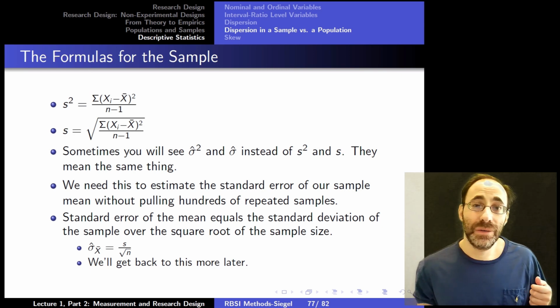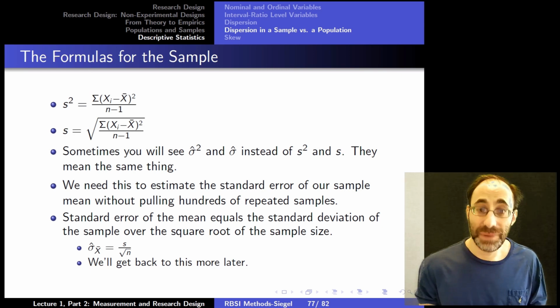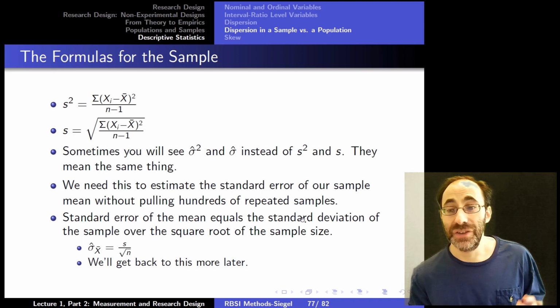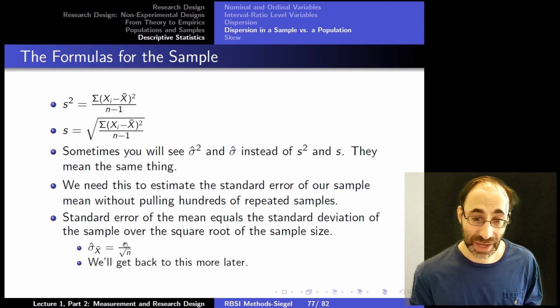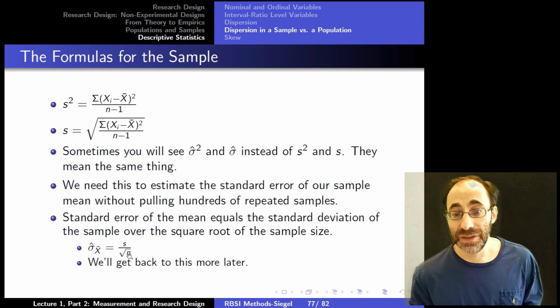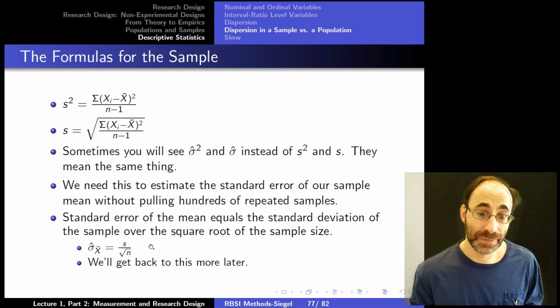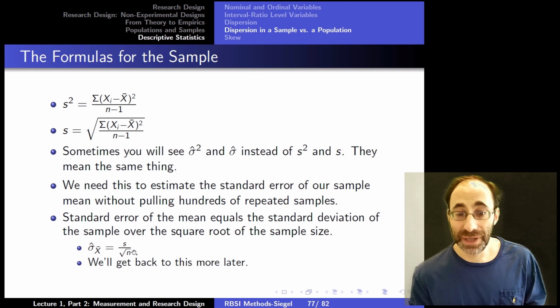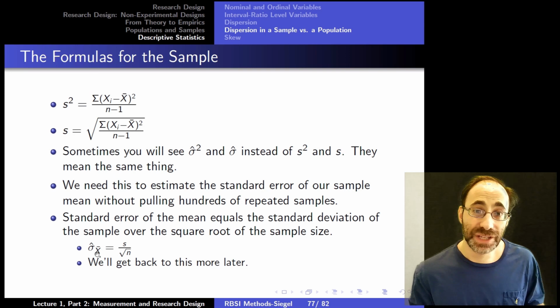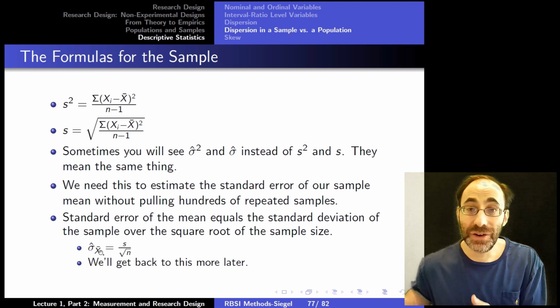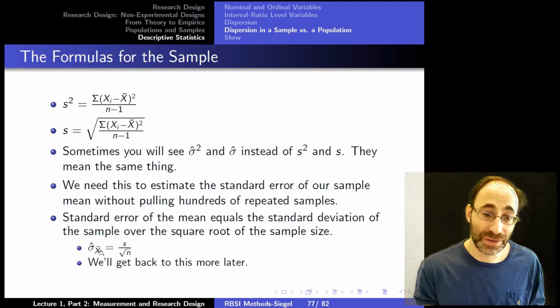So, to calculate the standard error of the sample mean, it's going to equal the standard deviation of the sample, so S, divided by the square root of the sample size. So as the sample size gets bigger, the standard error of the sample mean gets smaller.